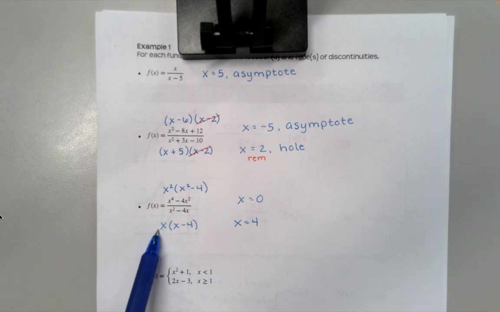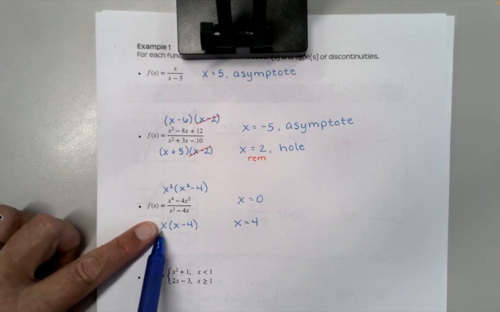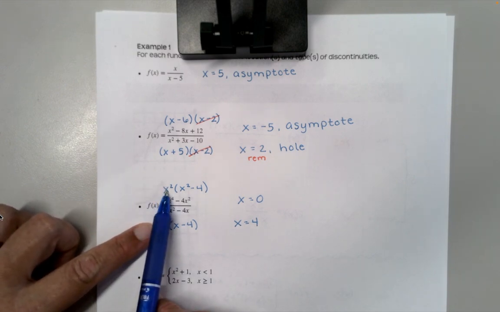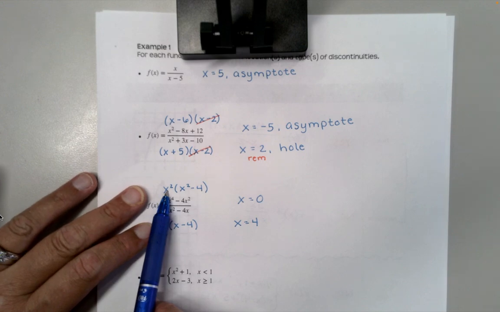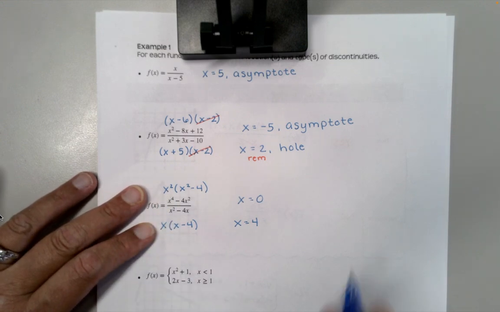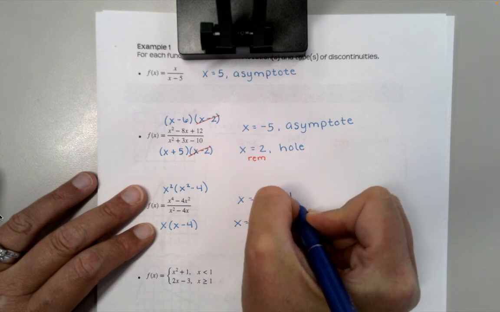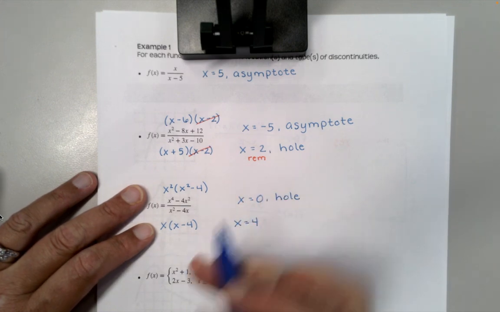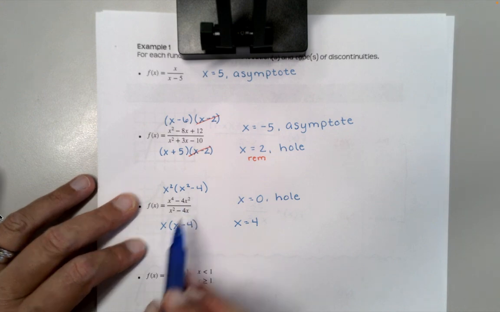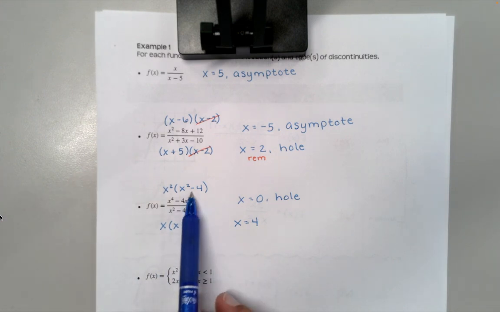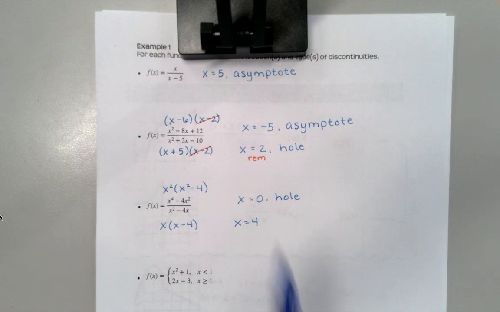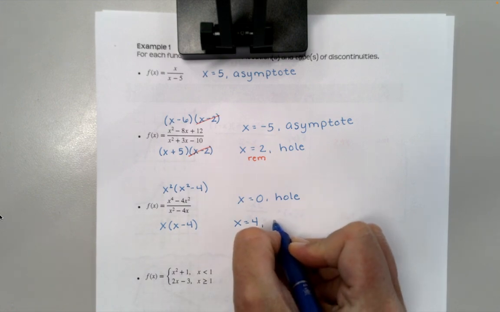The 0 is coming from this x right here. And I do want you to notice that this x could cancel with one of these x's here. So my x's do cancel here. That means this thing is going to form a hole. But the x minus 4 does not cancel because this is not the same thing as x minus 4. So if it doesn't cancel, that's going to form an asymptote.